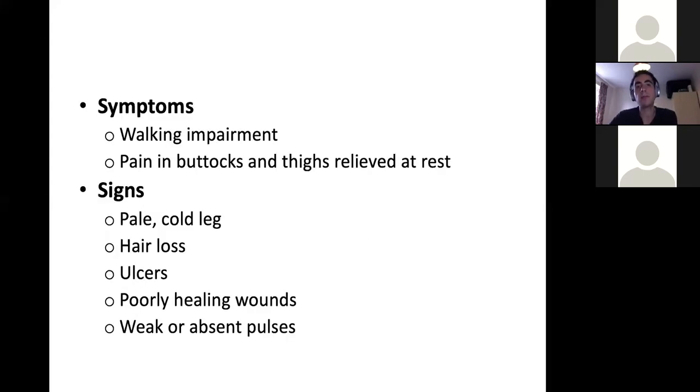The symptom is pain in walking, and the indication is that it is relieved at rest. It's more chronic. It's not acute, where the pain is not relieved. And the signs are chronic signs of hair loss, ulcers, wounds not healing well, and weaker pulses.